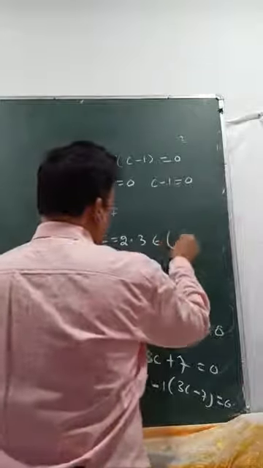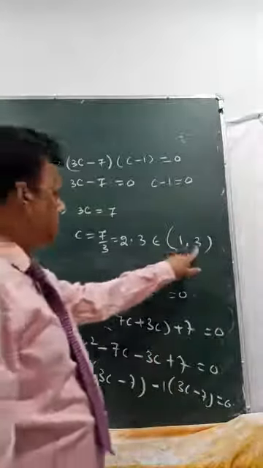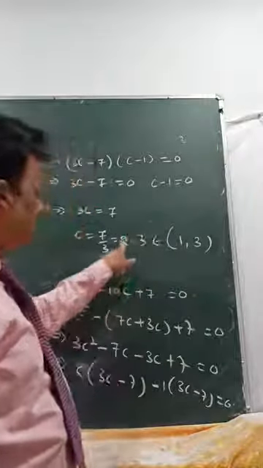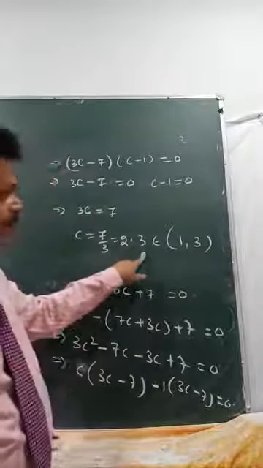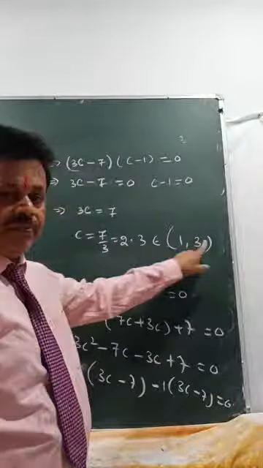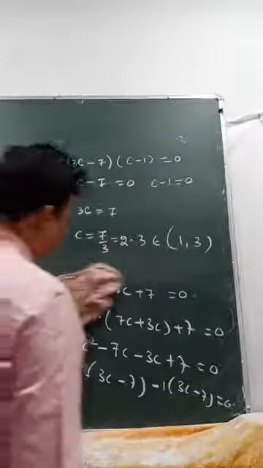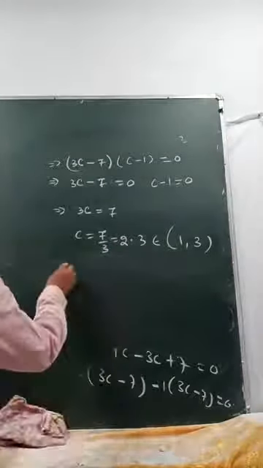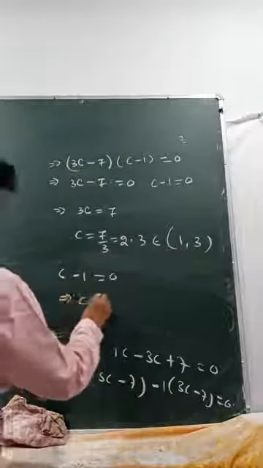2.3 belongs to (1, 3). So for this point the mean value theorem is verified, because 2.3 belongs to (1, 3). Because you will find a point which belongs to this interval, meaning in between there should be a point. Okay, go to the next one. c minus 1 equals 0, c equals 1.